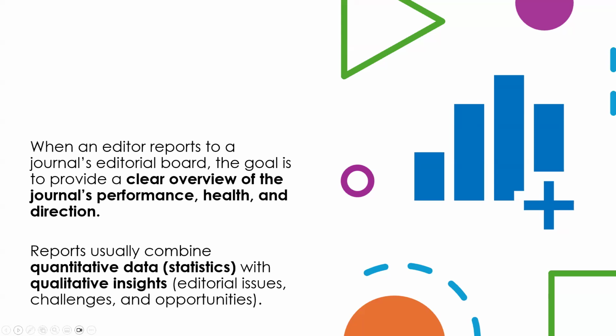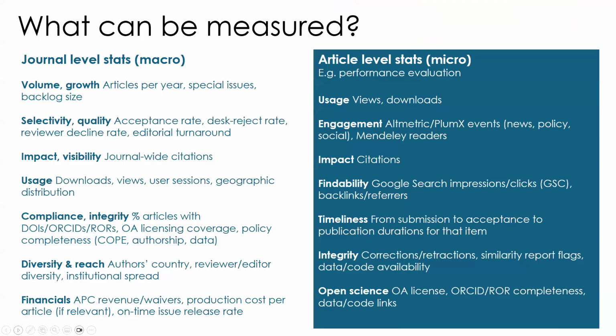Actual reports usually combine quantitative data or statistics with qualitative insights, addressing editorial issues, challenges, and opportunities. So there's two different levels between which I differentiate. You can monitor the journal level, the journal performance, or article level performance.